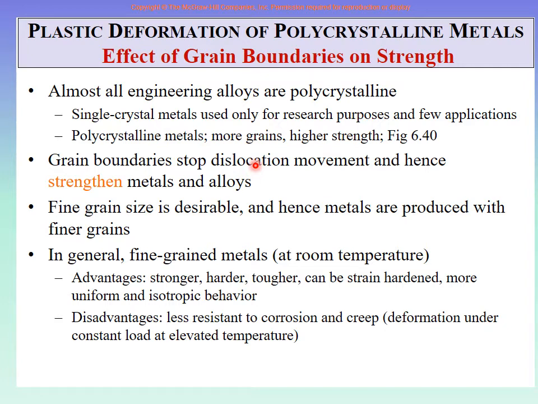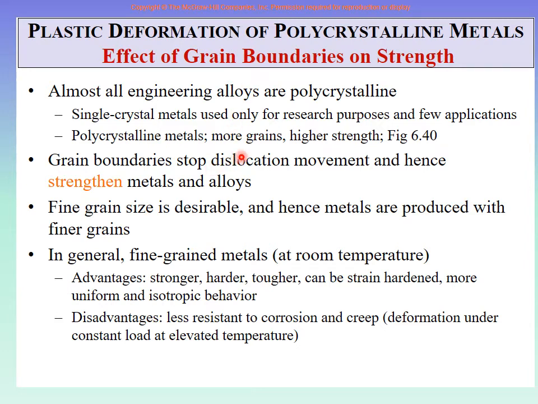This is what happens inside the material. Dislocations move when you apply enough force to deform the material. Dislocations keep on moving, but when they hit the grain boundary, they stop. So now they cannot move. It means that grain boundaries resist deformation, right?